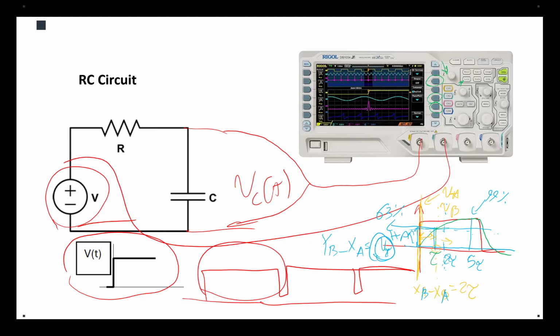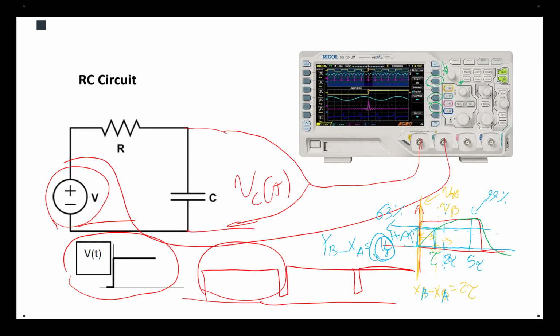Any question? Are we good? So the taus also don't have an equal amount of percentage. That is exponential.